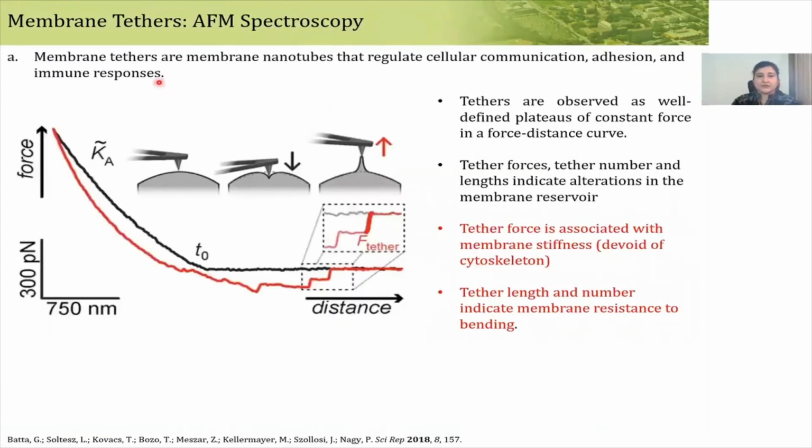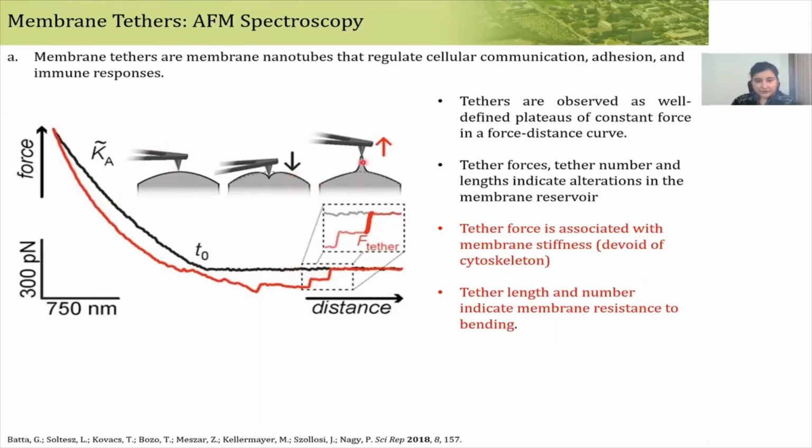In addition to that, we also measured tether spectroscopy, wherein if you look at this force versus distance curve, when you indent the surface of the cell with the help of an AFM cantilever, you measure the black curve, which gives you an estimate of your elasticity.